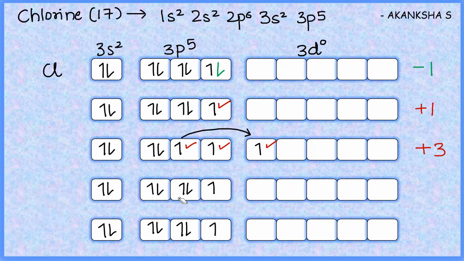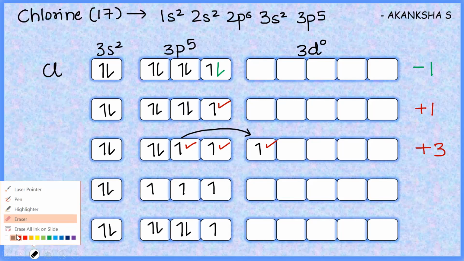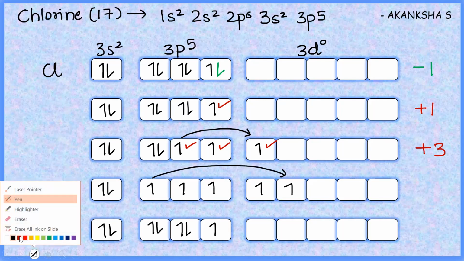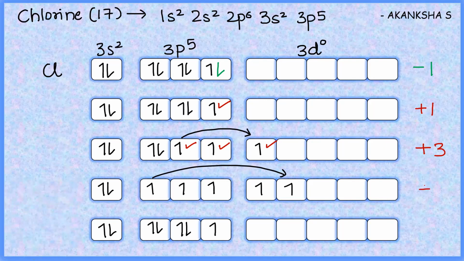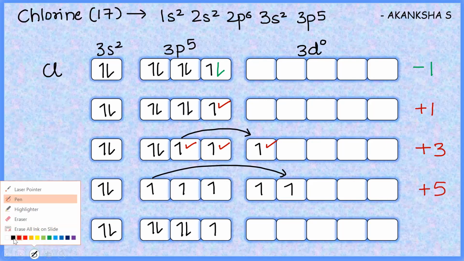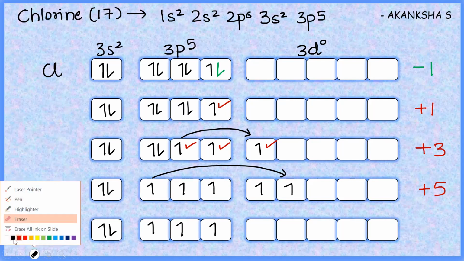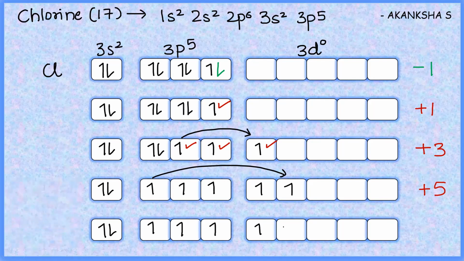What else do we have now? Here we have got unpairing again. This was paired, it came over here. What is now the oxidation state? It is +5. What happens in the next one? Originally we have this much.